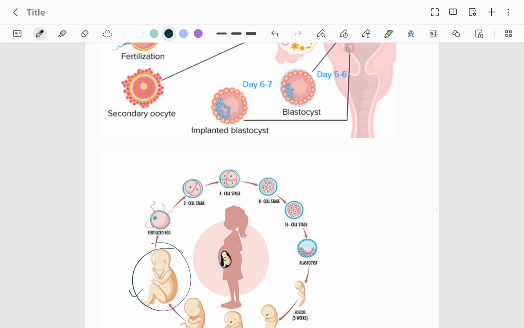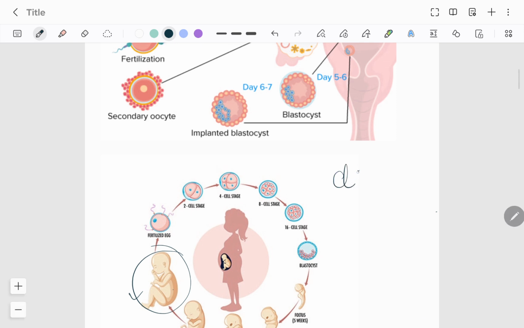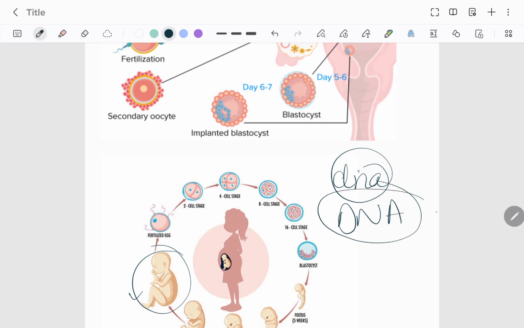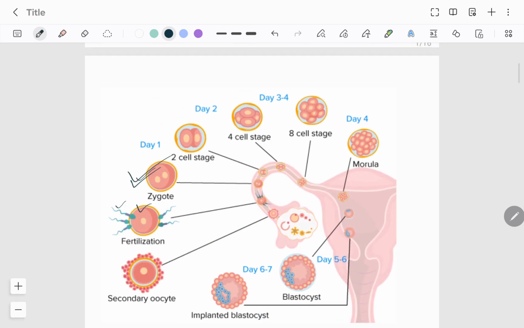How did all these things happen? All these things developed according to the genetic information carried in the DNA, deoxyribonucleic acid. See, this fertilized cell, this single cell zygote, has the information to make the entire human being.